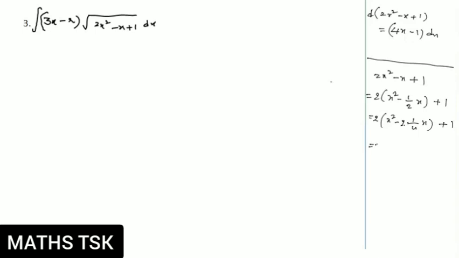This can be written as 2 into x square minus 2 into 1 by 4x plus 1 by 16 minus 1 by 16 plus 1. This can be written as 2 into first three terms is x minus 1 by 4 whole square. Okay, alright. Next one is 2 into minus 1 by 16 is minus 2 by 16 plus 1.